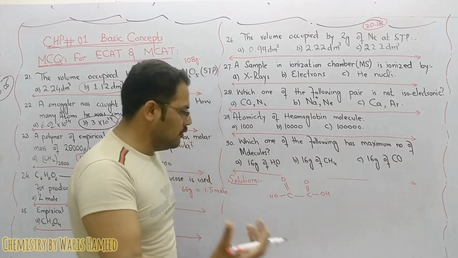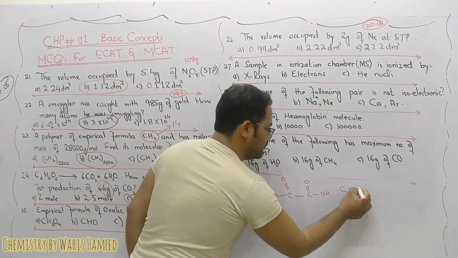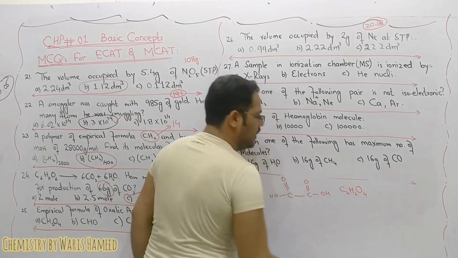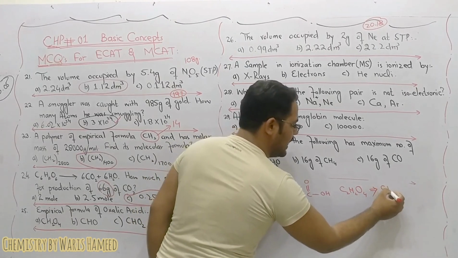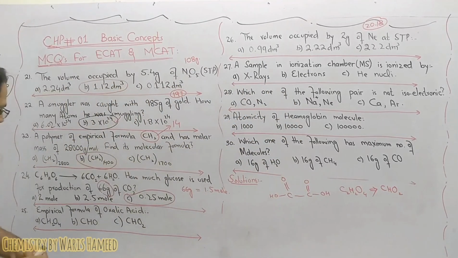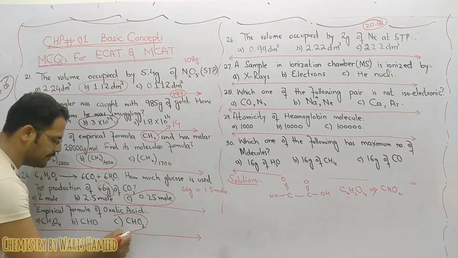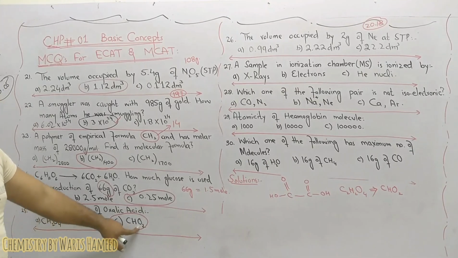First, about molecular formula, it is C2H2O4, and then its empirical formula is CHO2. And the correct option is CHO2. Empirical formula of oxalic acid is CHO2.